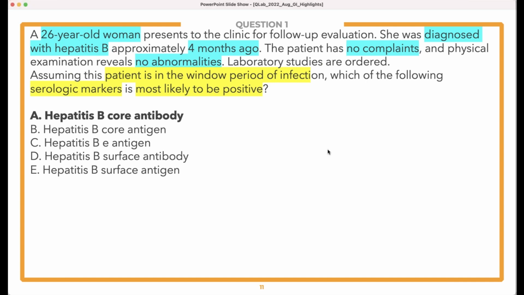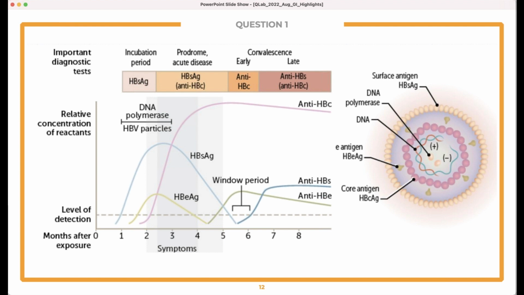Hopefully that will make a little more sense as we take a look at this next slide. You can see that small little window period. Basically, that window period is when the surface antigen of the virus is starting to disappear because you are making antibody against it, but the surface antibody is not yet detectable.